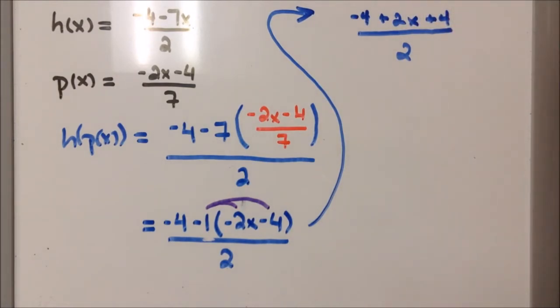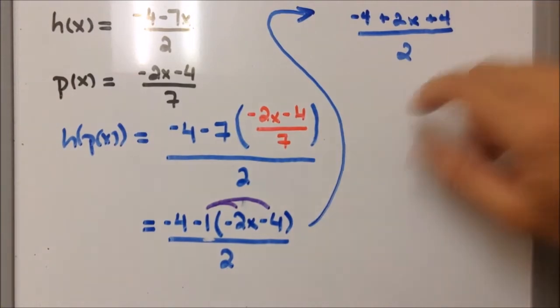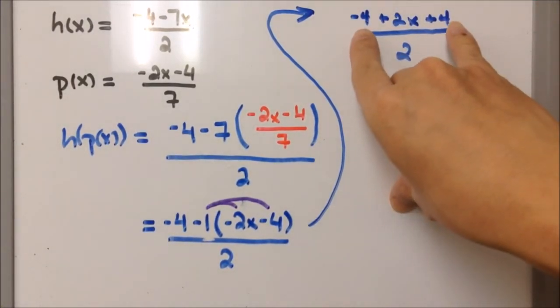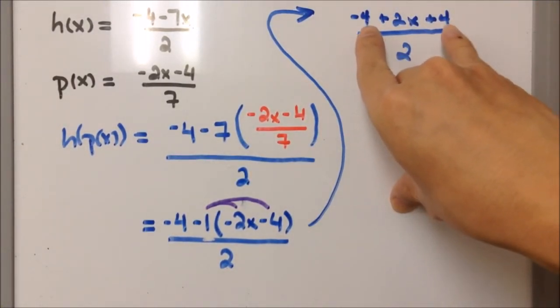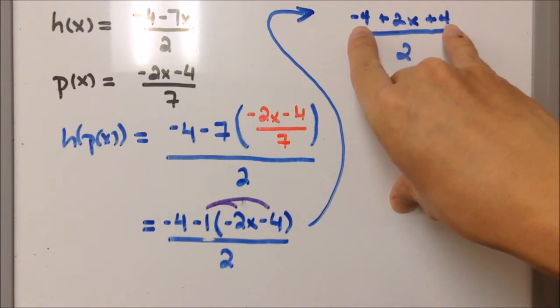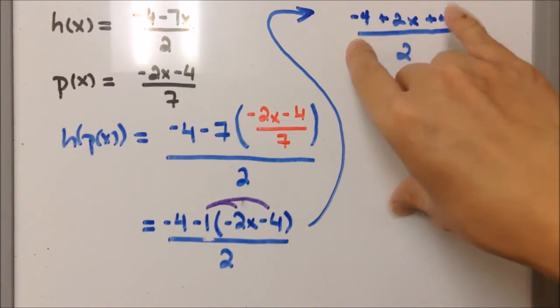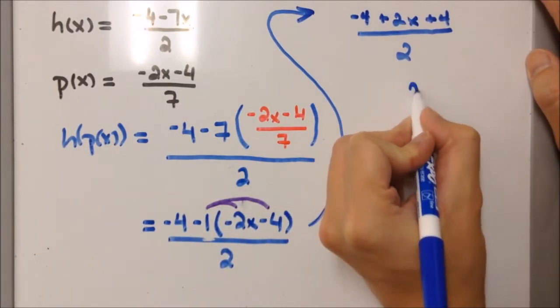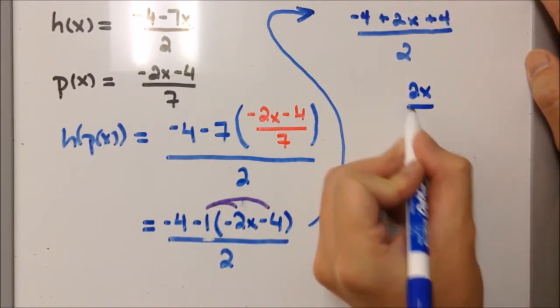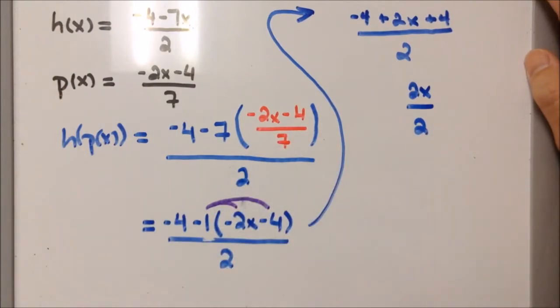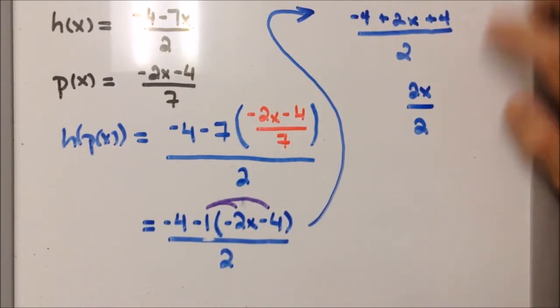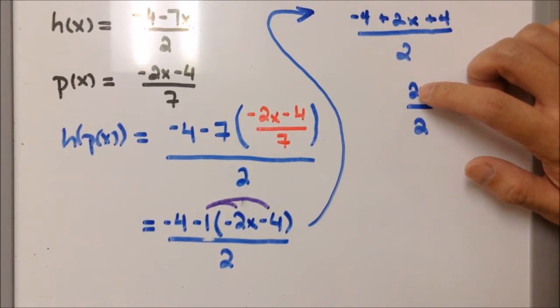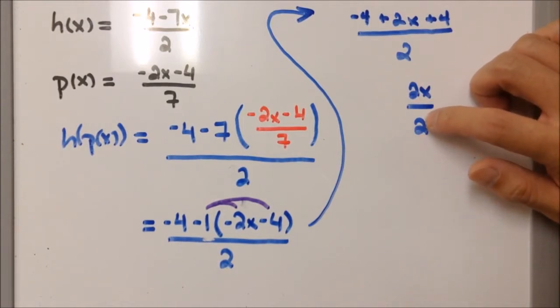And then let's combine some like terms on the top. The only thing that's like terms on the top is -4 and plus 4. So -4 plus 4 will be 0. They're going to cancel out. Then we're left with 2x divided by 2. And then again, 2x divided by 2, so 2 divided by 2 is just 1.